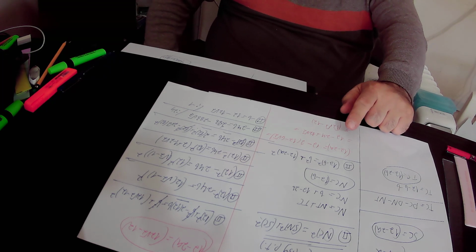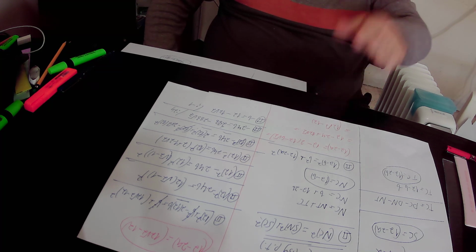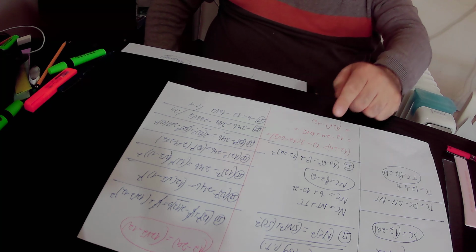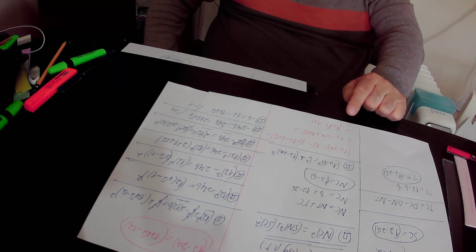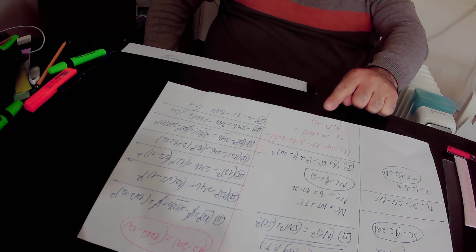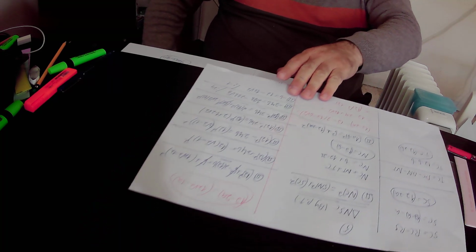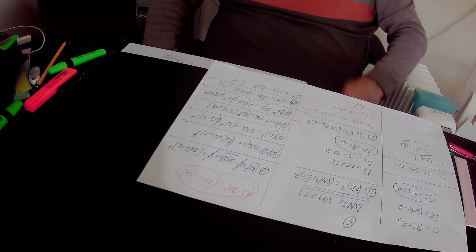So 12 minus 2A is 12 minus 2 times 12, that is minus 24, and minus 2 times minus 6 is plus 12. So it is 12 minus 24, that is minus 12, plus 12 times square root of 2. So in conclusion, 12 minus 2A equals 12 times square root of 2 minus 12.